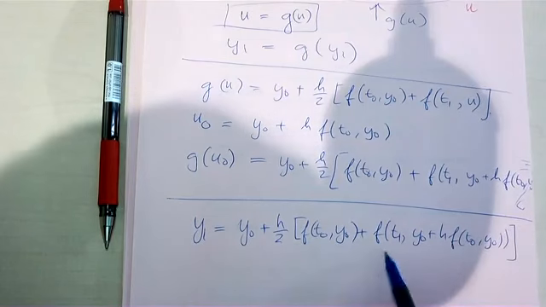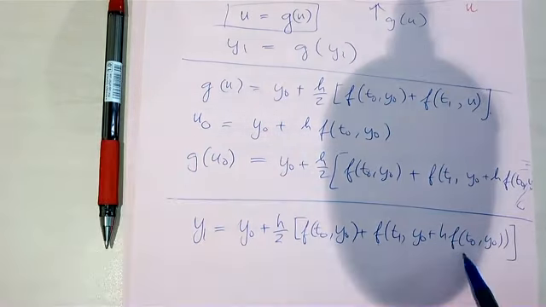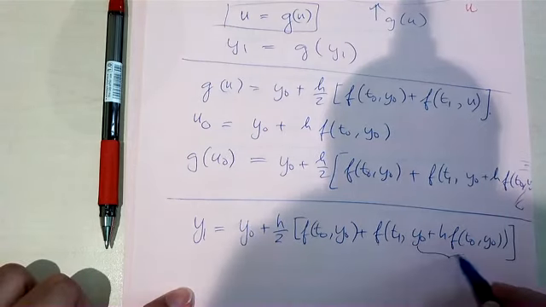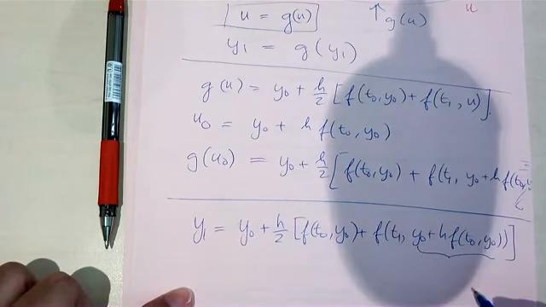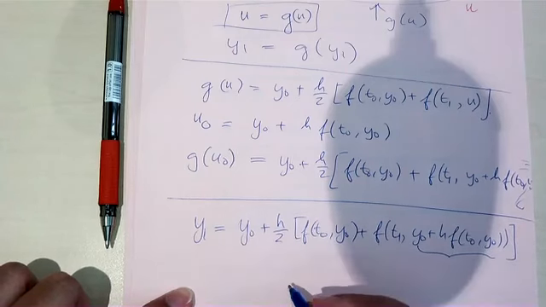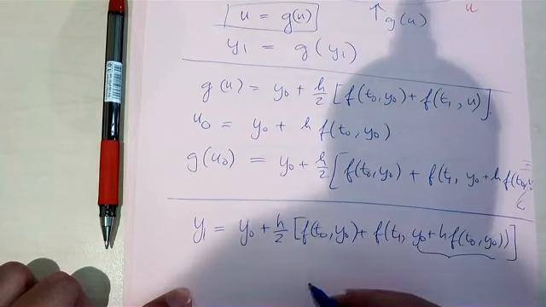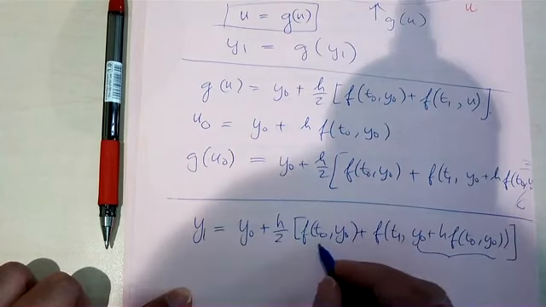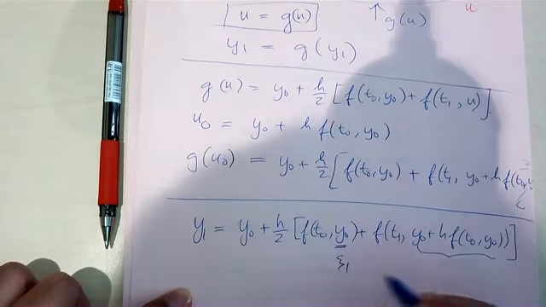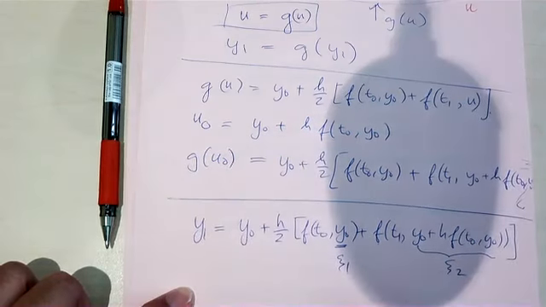You see that this one is complicated because it has f here, then inside has f again, right? So let me make it a bit easier to read. I label this one Xi1, and this one Xi2.